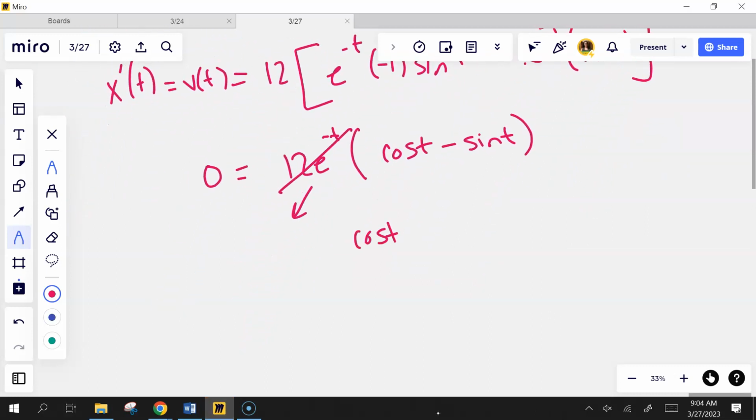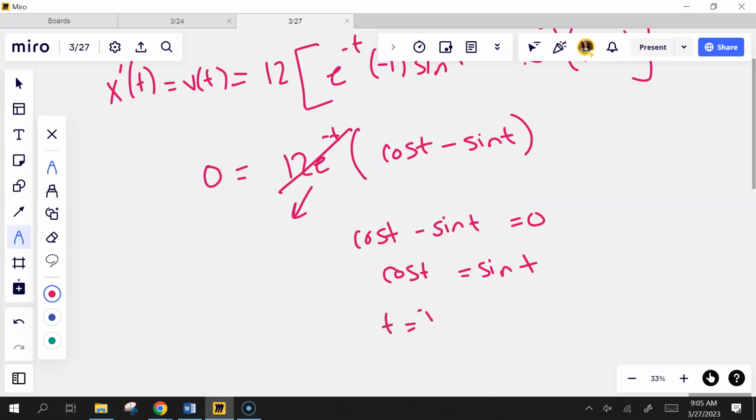Here's where you probably went, uh-oh. When does this equal 0? Well, if you just separate them, where does cosine and sine both have the same value? Pi over 4, right? They have the same value.